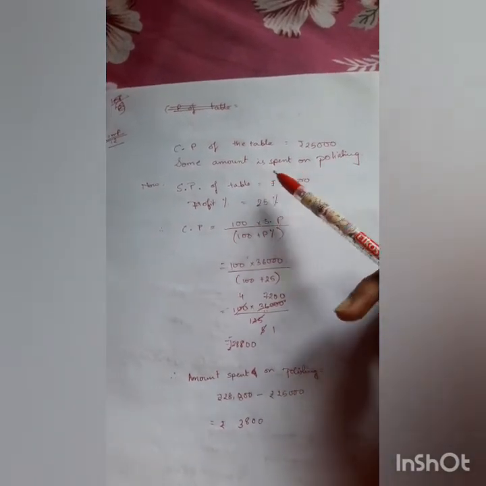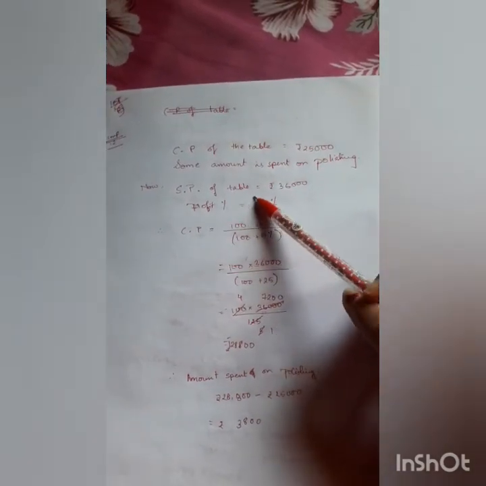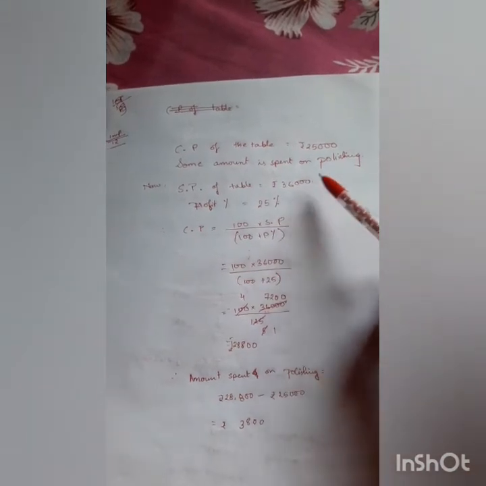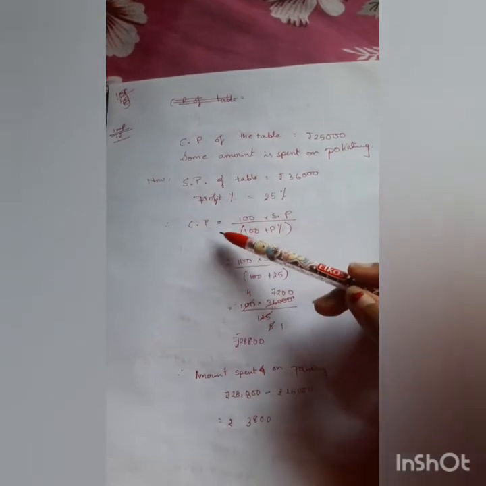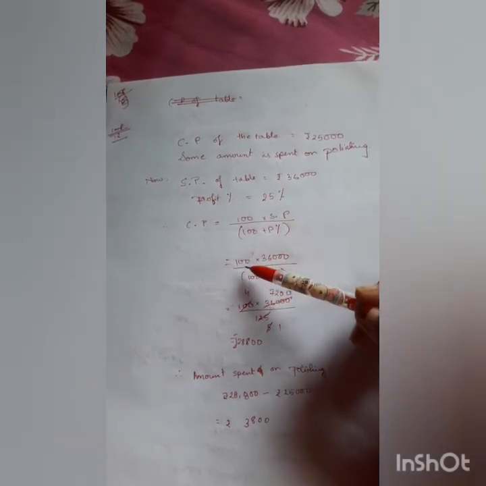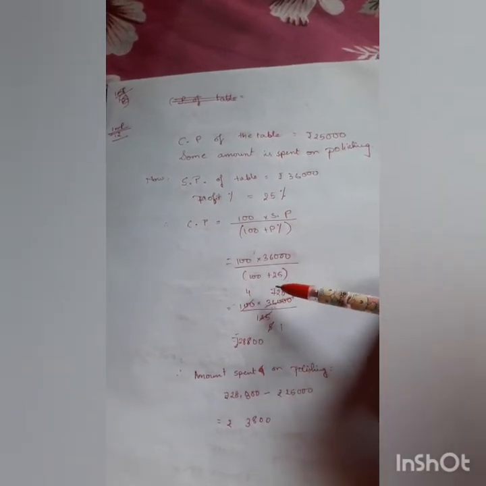Cost price of the table is rupees 25,000. Now some amount is spent on polishing. SP of the table is rupees 36,000. Profit percentage is given as 25%. So CP according to this SP and profit percentage will be 100 into SP by (100 plus profit percentage), which is 100 into 36,000 by (100 plus 25).